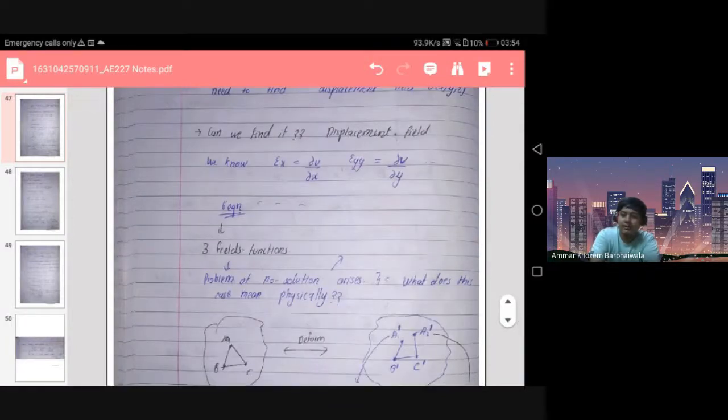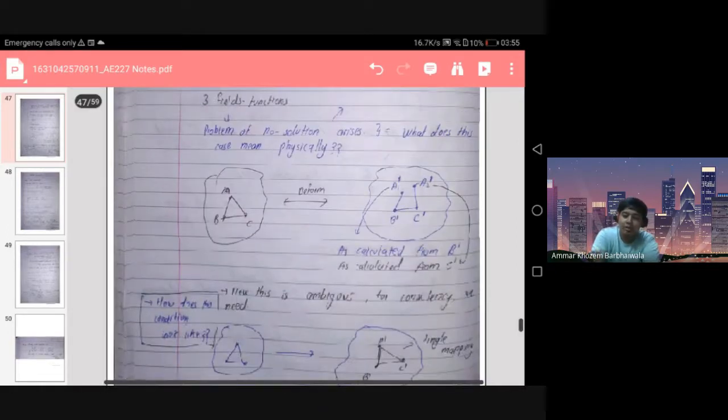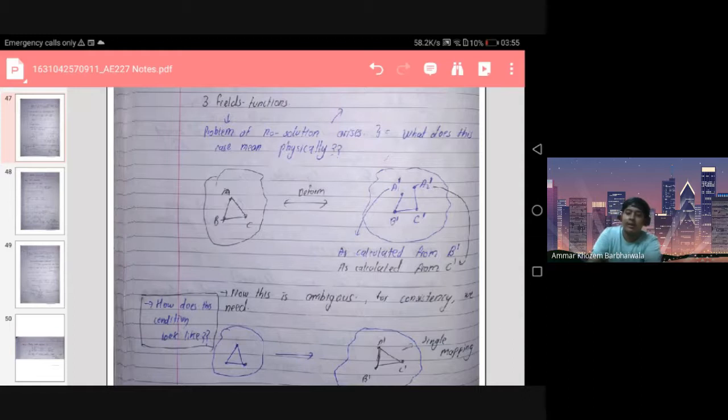The displacement vector field has a total of three fields, so those are three variables, and we currently have six equations in hand. So there might be a chance that we get more than one solution for these equations, and that might be a problem. Let's suppose I take a triangle ABC.